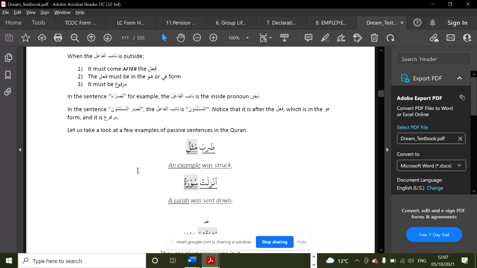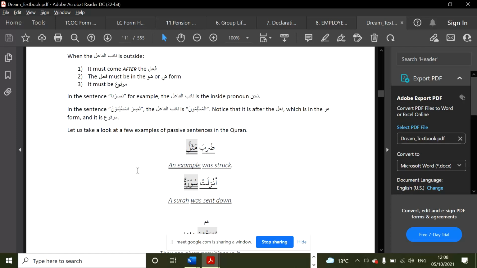Please keep on reading. In the sentence nufirna, for example, the naibul fail is the inside pronoun nahnu. In the same sentence nusirna, we all know. So in the sentence nusira al muslimuna, the naibul fail is al muslimuna.